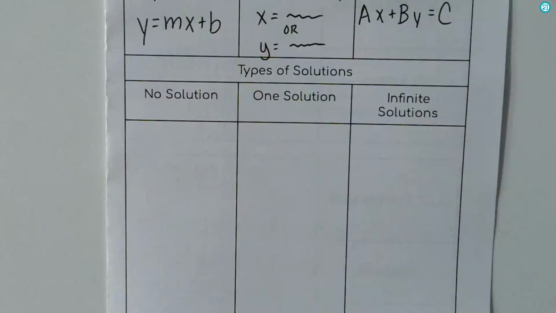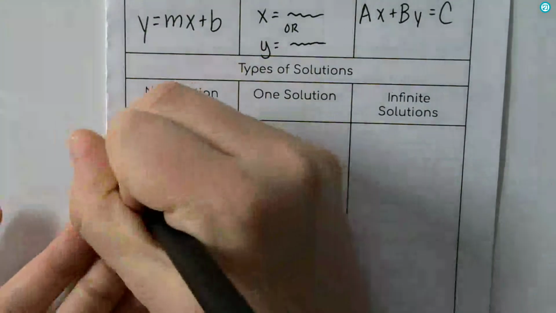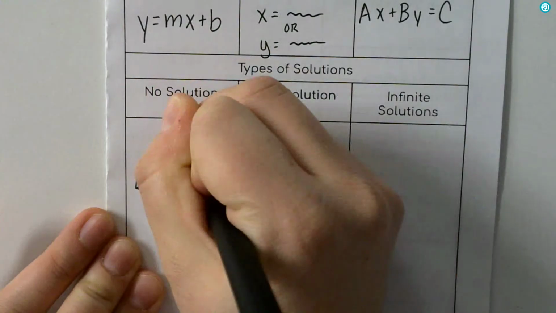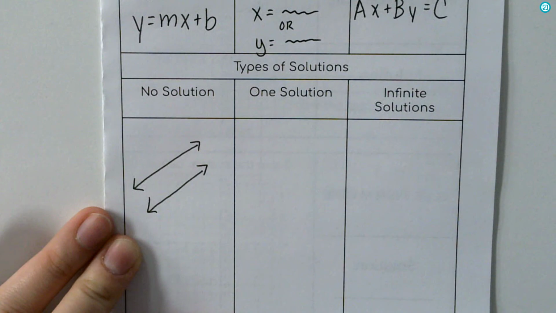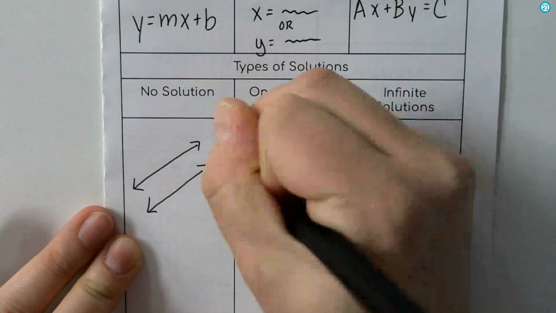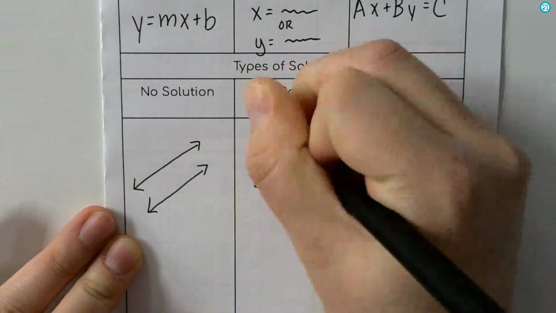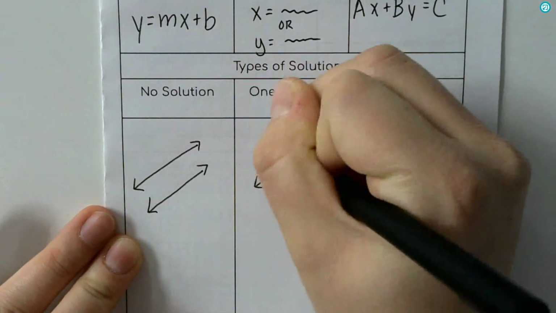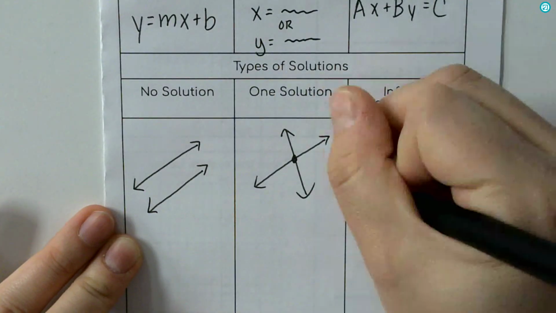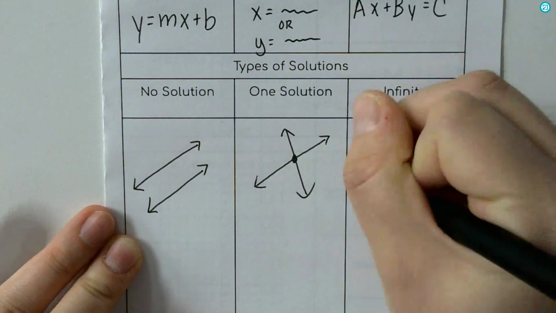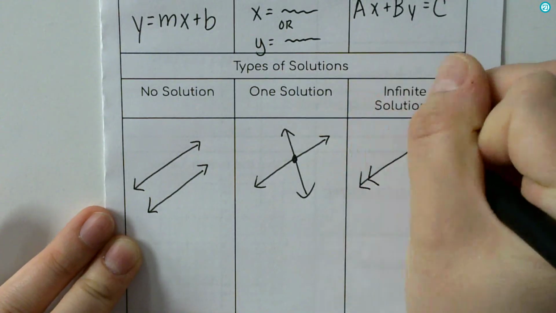How often are they going to cross? Never. So 2 lines that have no solution are never going to cross. 2 lines that have 1 solution are going to cross in 1 spot. And then two lines that have infinite solutions are going to be right on top of each other.